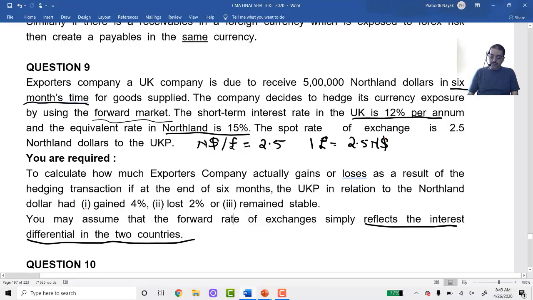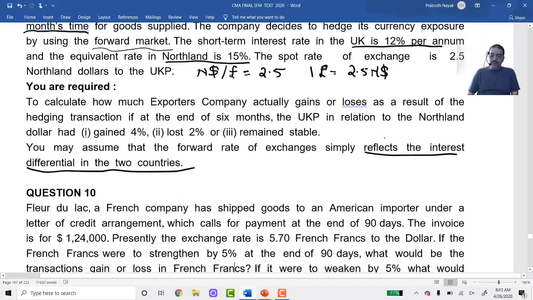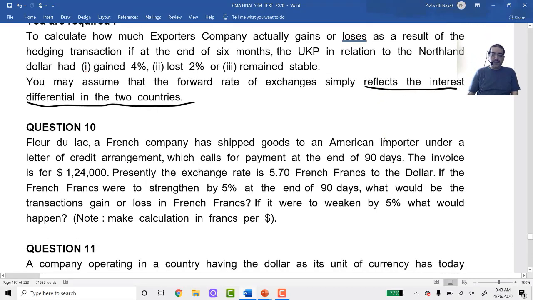Let us come to question number 10 now. Question 10: Fleur du Lac, a French company, has shipped goods to an American importer under a letter of credit arrangement which calls for payment at the end of 90 days.